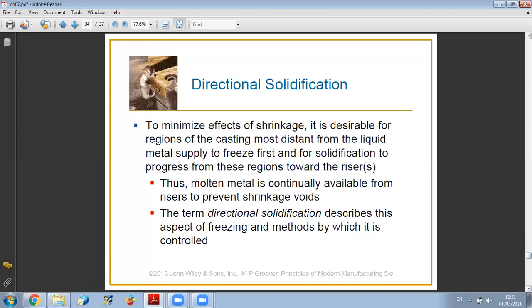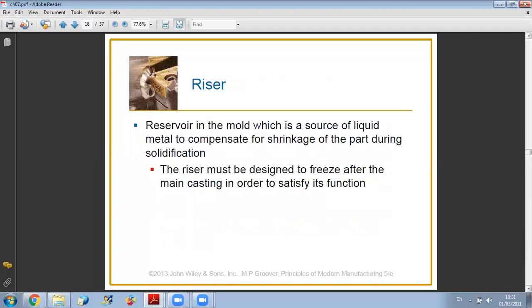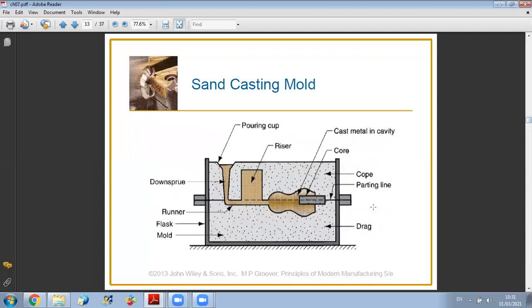So let us go back to the figure to explain what we mean by this. As we said, when we put the riser, we try to keep it close to zones of high solidification time, because this will allow these zones to solidify at the end, after the zones that are far from the riser. So when we decide the location of the riser, we study the solidification times for the different parts.